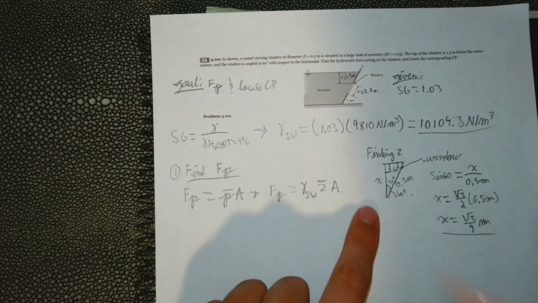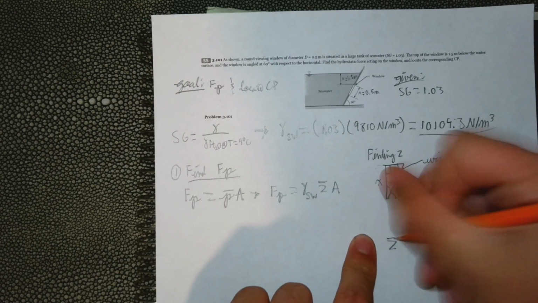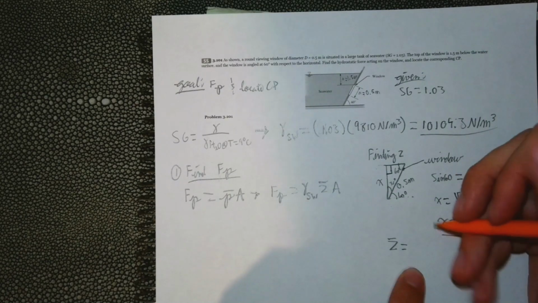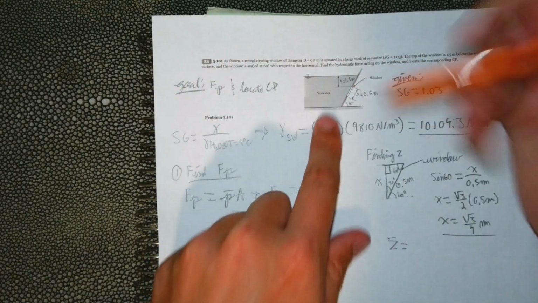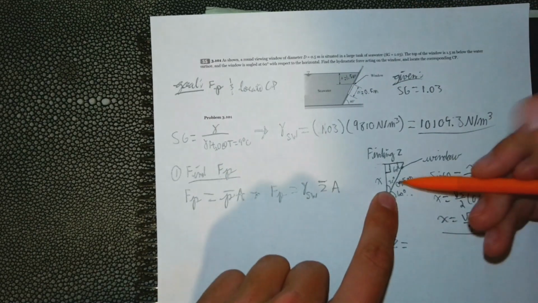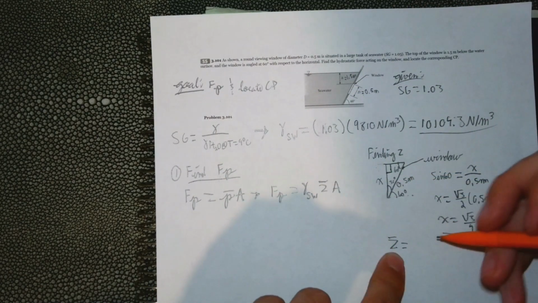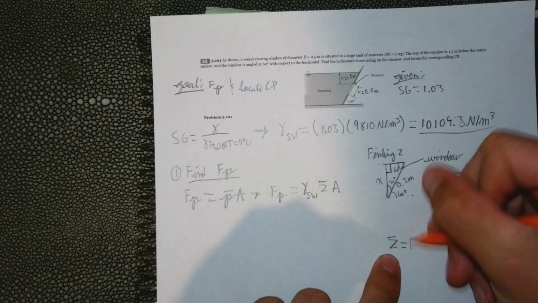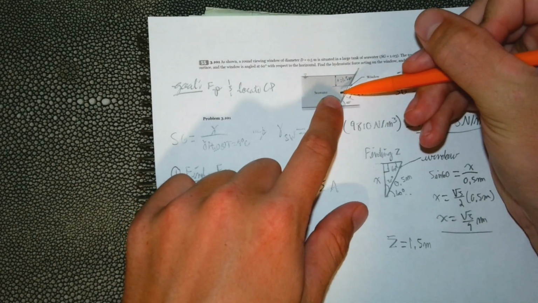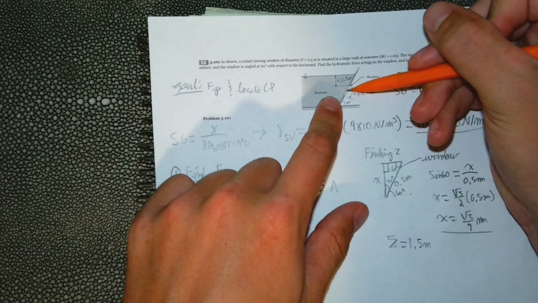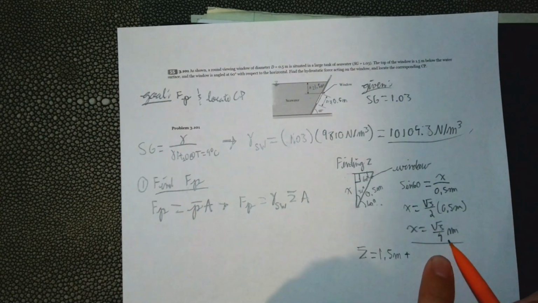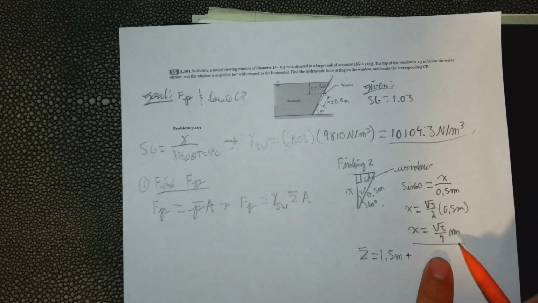So then I'm going to label this. That means z is equal to this height right here, because we're trying to find the height of the centroid. We'll do 1.5 meters, so it goes down 1.5, and then we have to go down to the centroid of the window, so that will be adding this number we found and then halving it.